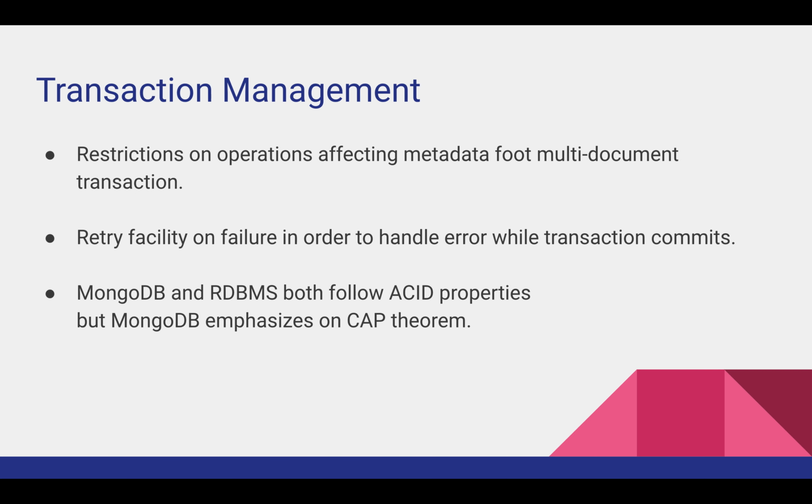There are a few rules in MongoDB which a transaction has to abide by while executing operations. Rules involve restrictions on operations involving metadata, cursor, scope of transaction, etc. For example, in a multi-document transaction, operations which affect metadata, that is the catalog, like creating or deleting a database or index, are restricted.